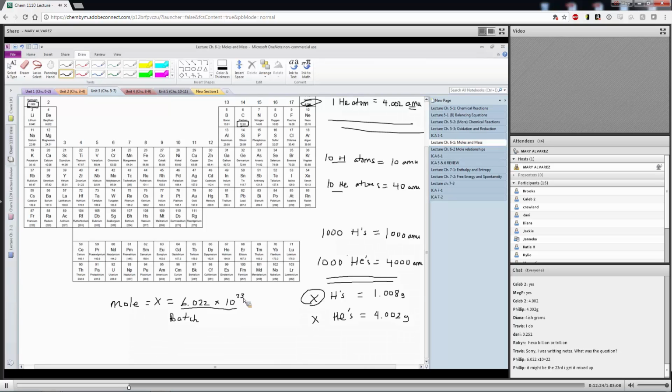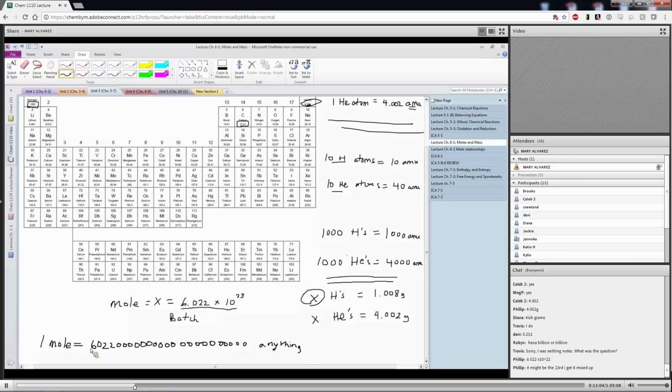I mean, we could write it out. 1 mole of anything is 6.022 times 10 to the 23 of anything. It's just enormous. It's beyond comprehension almost. Okay. So it's a lot.